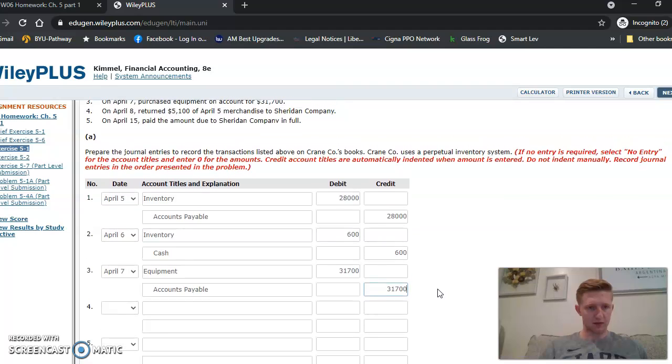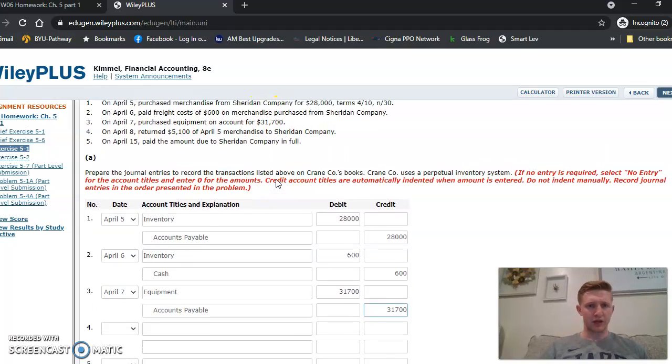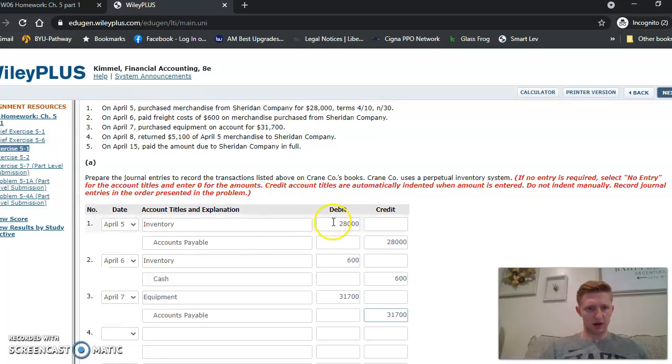Okay, and then the fourth item here, let me just start over here. On April 8th, returned $5,100 of April 5th merchandise to Sheridan Company. So if we can see up here, on April 5th, they initially purchased $28,000 worth of inventory on account.